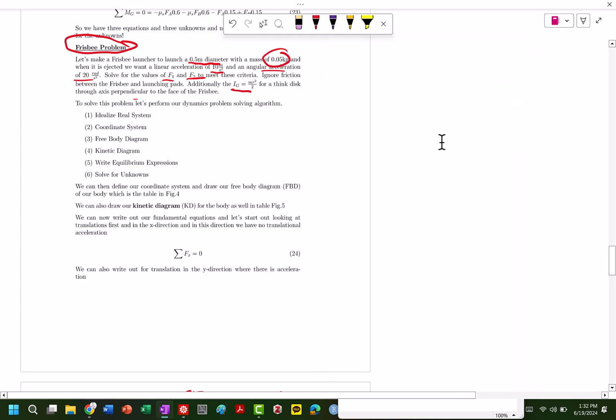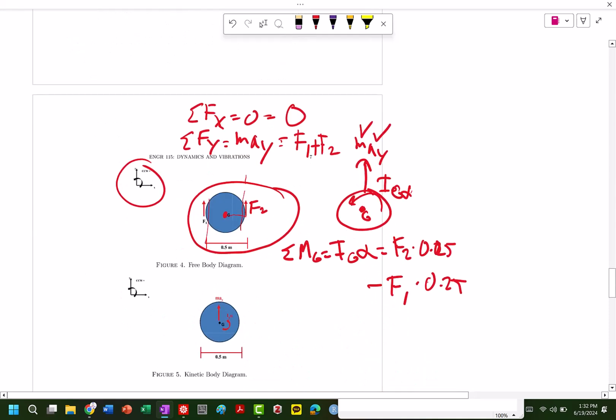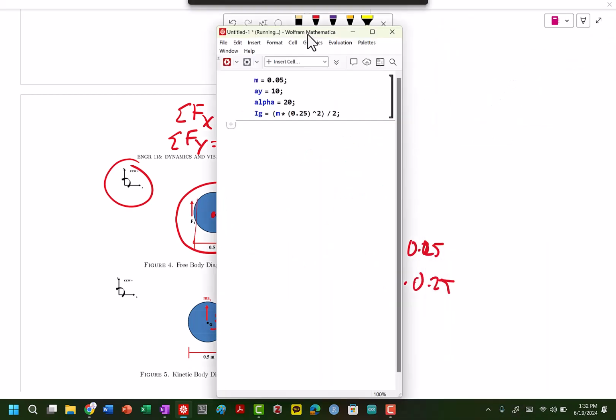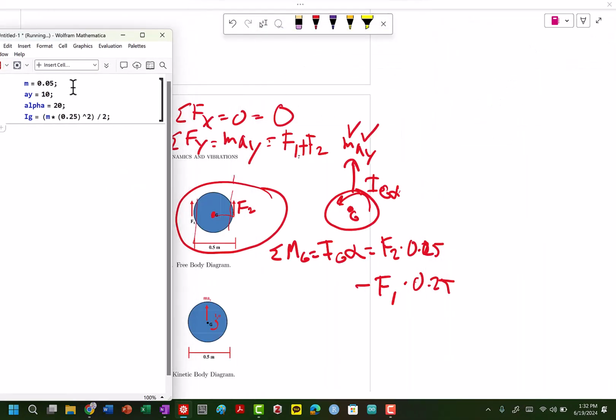Now let's get into our equations below. We have two equations and two unknowns, so we can solve for those. Let's set them up. Our equation: Fy equals mass times AY, set equal to F1 plus F2.